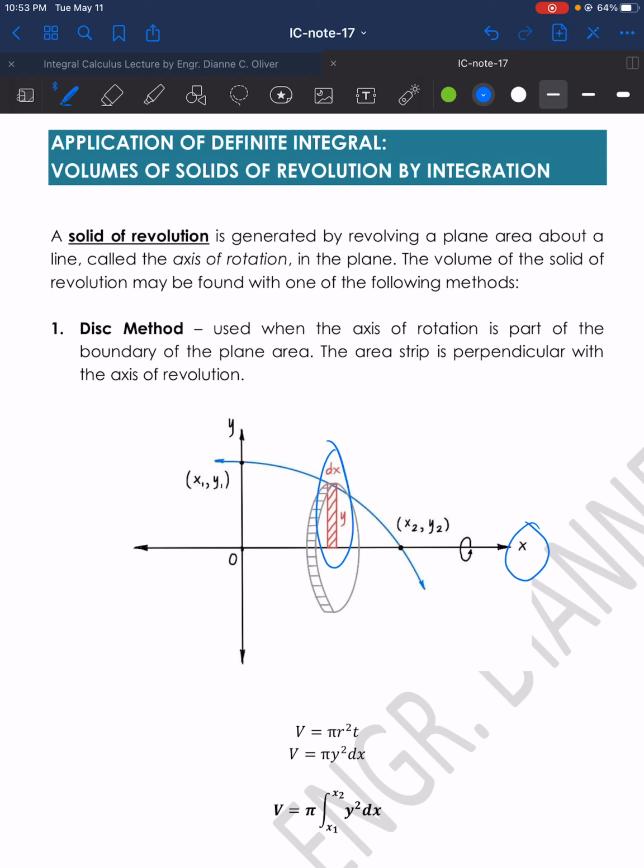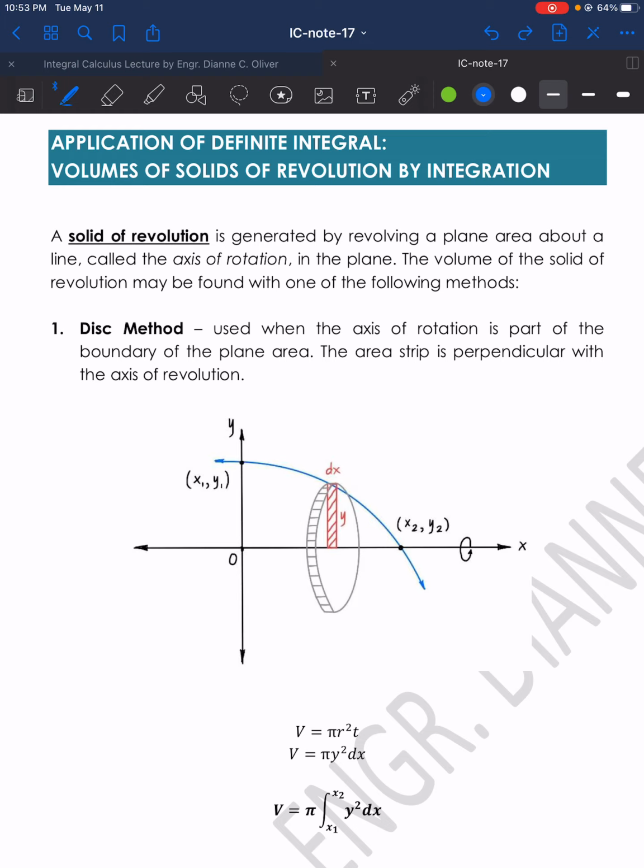So we have the area strip y dx, and it is attached here to the x-axis. Now if you rotate that area strip, it will create a figure which resembles a coin. So rotating it about the x-axis will create a disc or a coin.